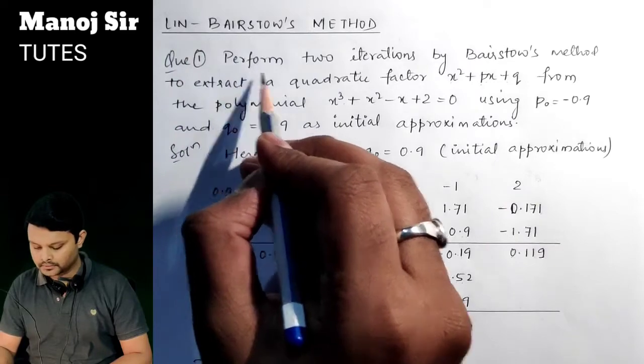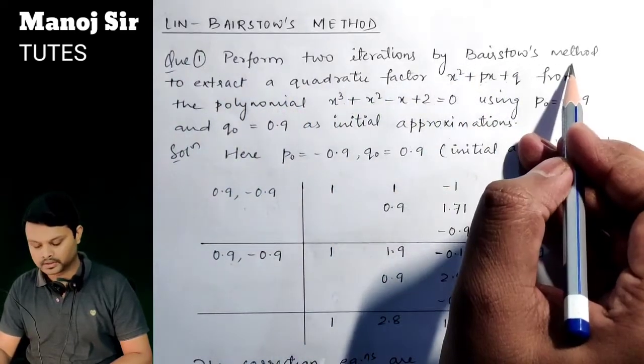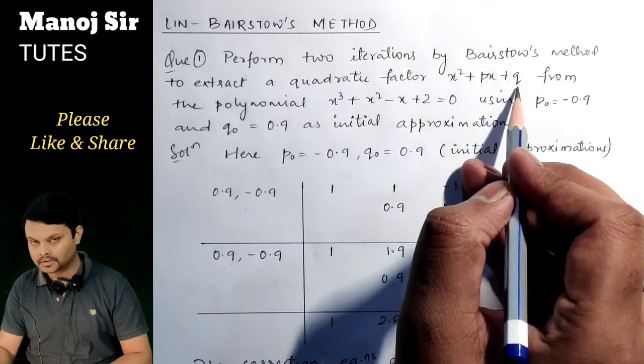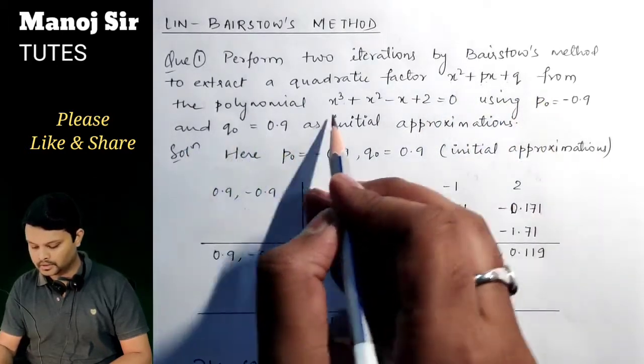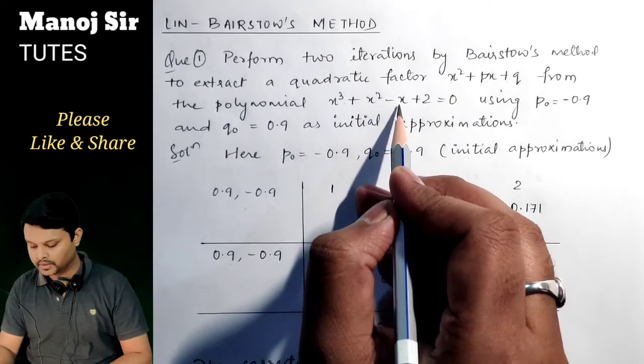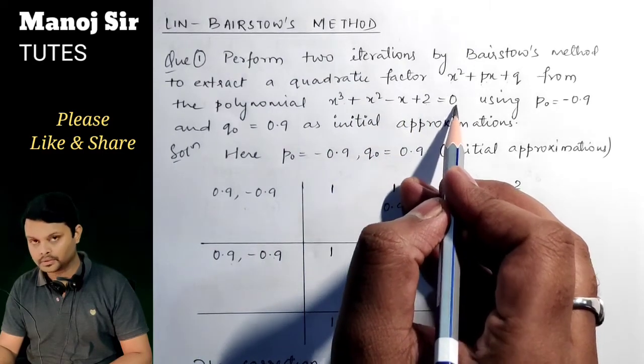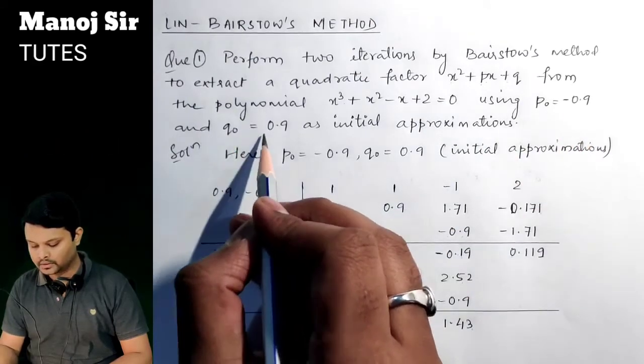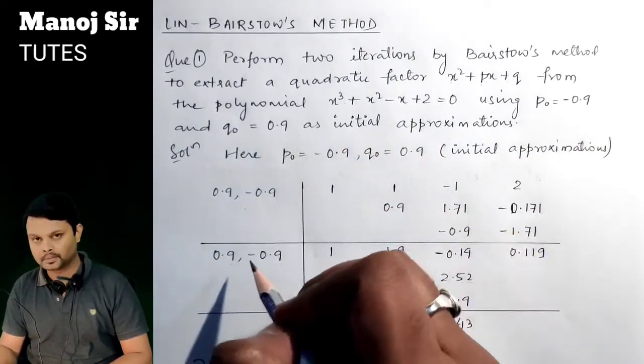The question says: perform two iterations by Bairstow method to extract a quadratic factor x square plus px plus q from the polynomial x cube plus x square minus x plus 2 equal to 0, using p naught equals minus 0.9 and q naught equals 0.9 as initial approximations.